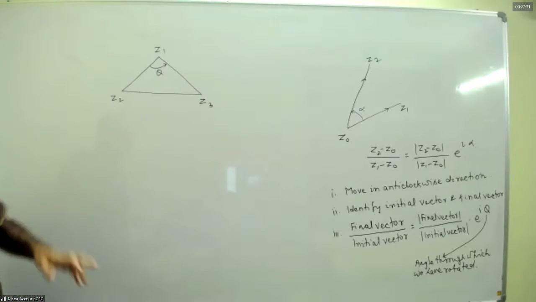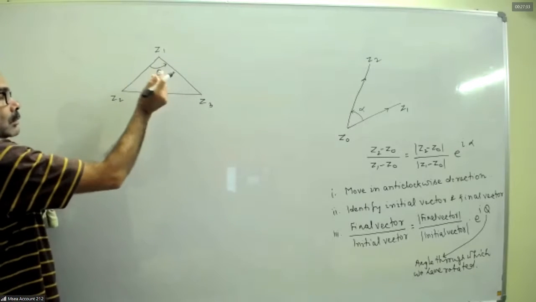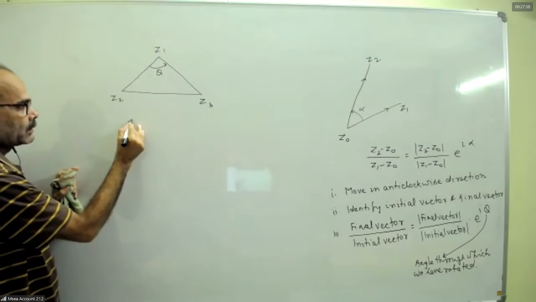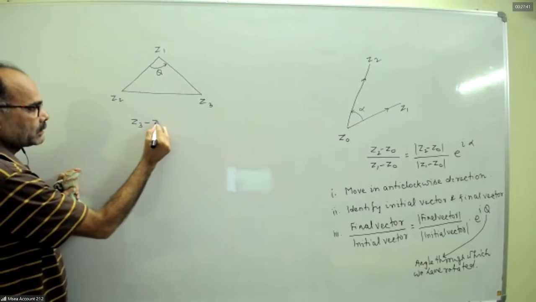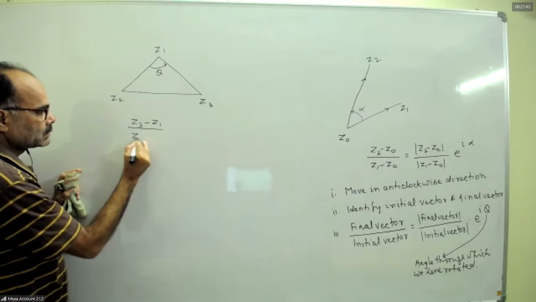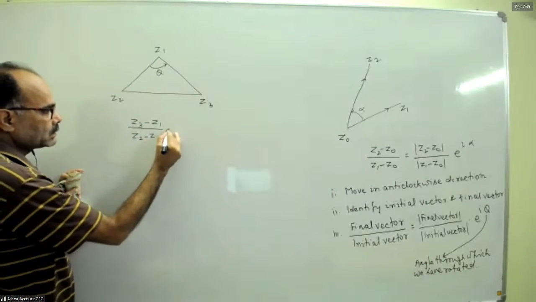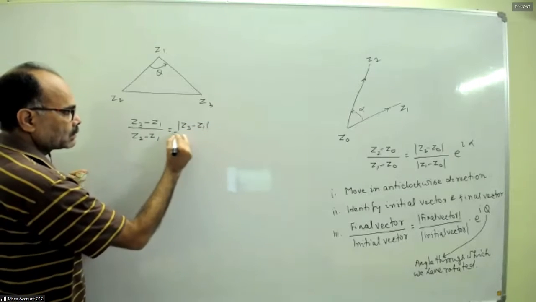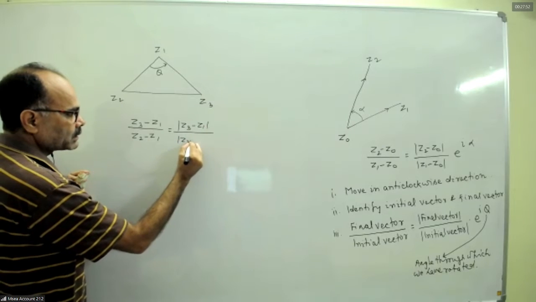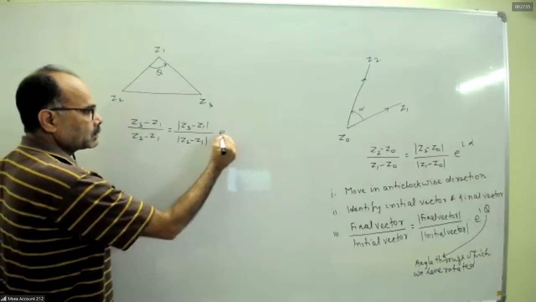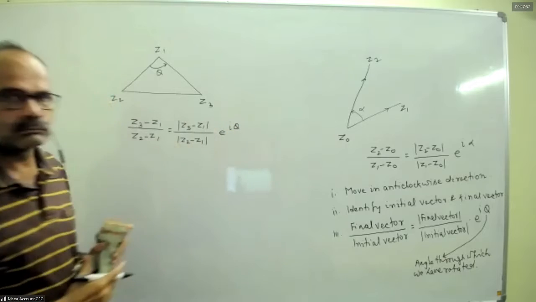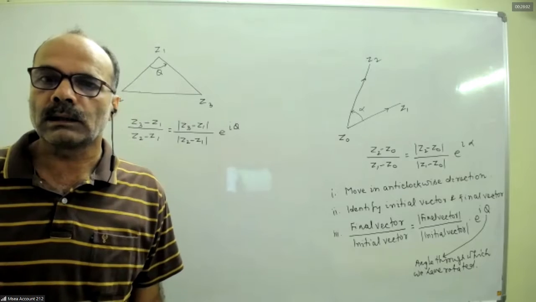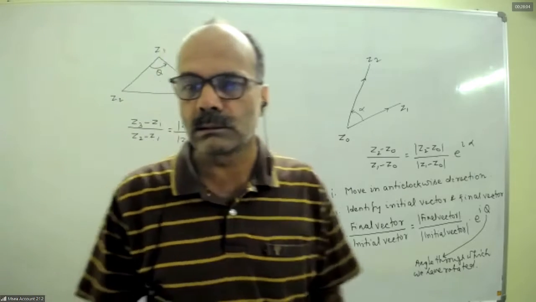So the same result can be established about Z1: Z3 minus Z1 by Z2 minus Z1 equals mode of Z3 minus Z1 by mode of Z2 minus Z1 into e to the power i theta. So about any angle we can establish the result.